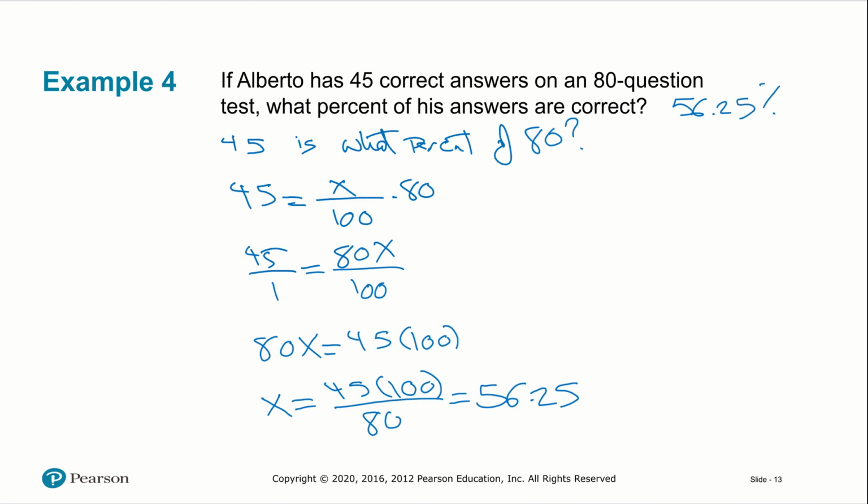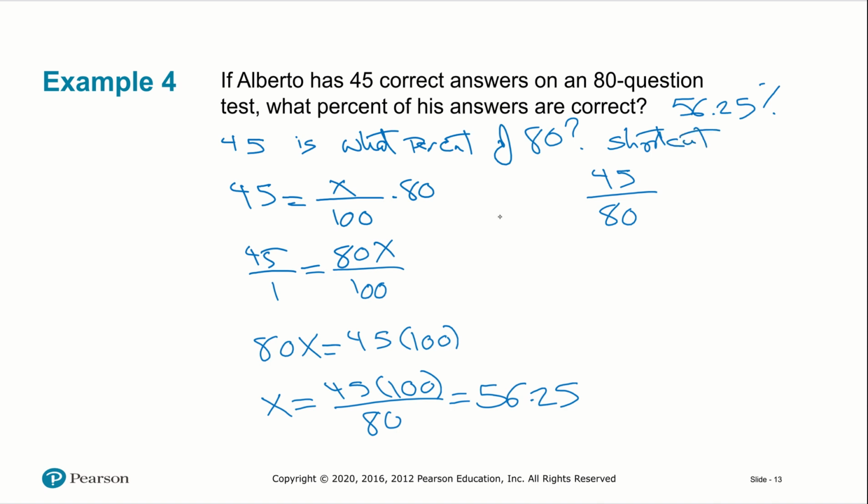Now, with this particular kind of problem, right? One number is what percent of another number. There is a very quick shortcut. So all you have to do is divide 45 by 80. I couldn't not share the shortcut with you, right?